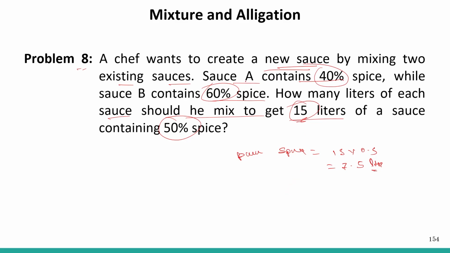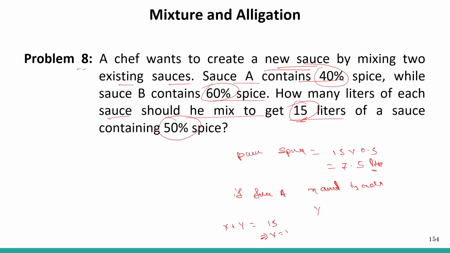Let sauce A have amount X mixed in it. So X amount is added from A, and from B how much will be added? Let it be Y, but X plus Y is given as 15.